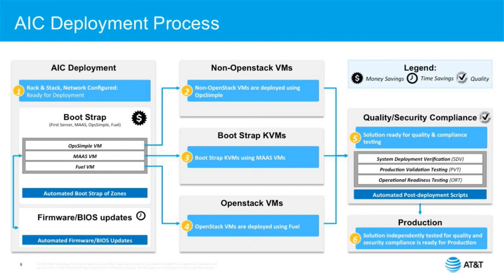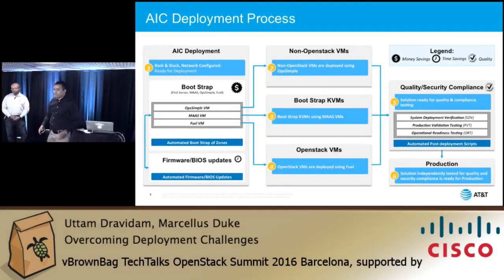And in a short amount of time, we do the system deployment verification and also the validation of the features we developed. Before going to production, we ensure that it is operationally ready. So we have automated tools, developed in-house, to validate everything in such a short amount of time. So thank you very much for attending the presentation.